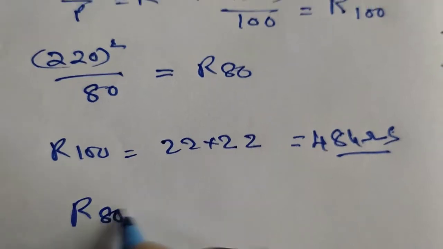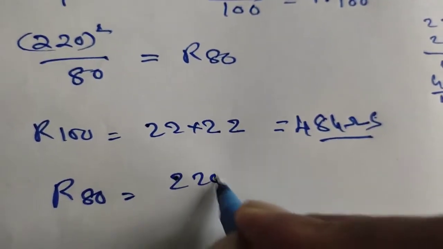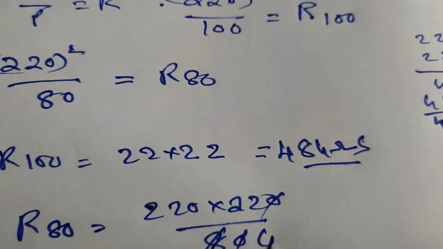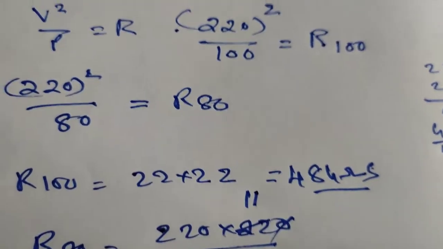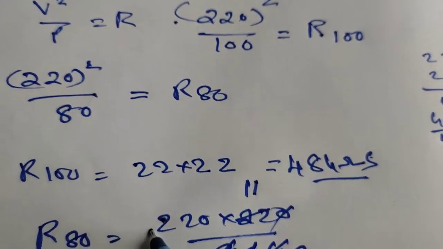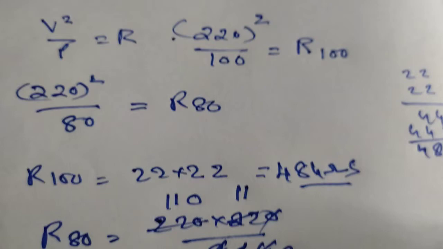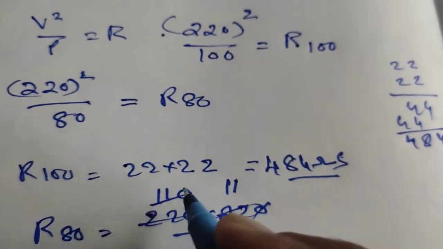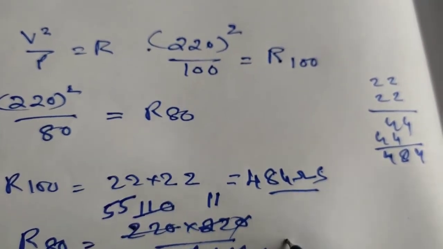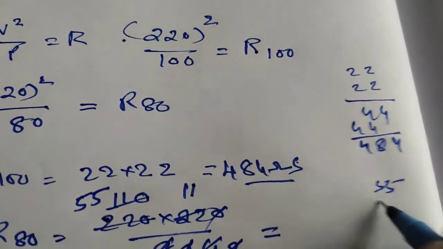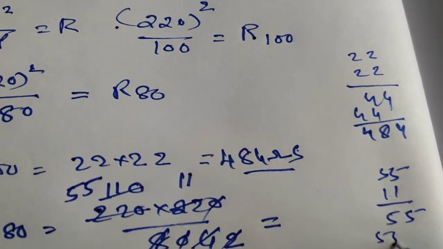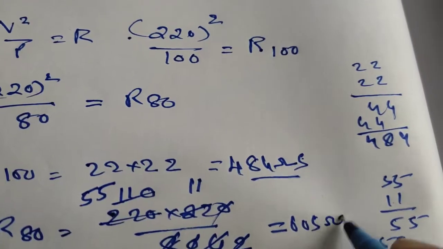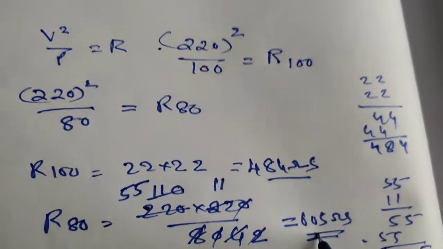Now R80 is equal to 220 into 220 by 80, which is 605 ohms. So now we see the resistance R80 is more than resistance R100.